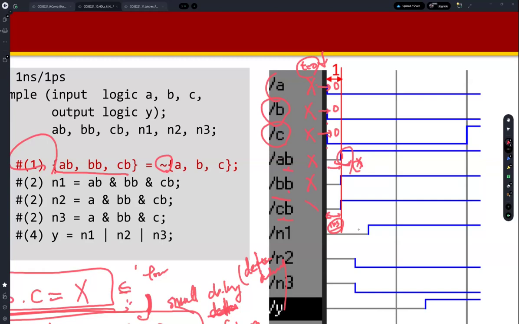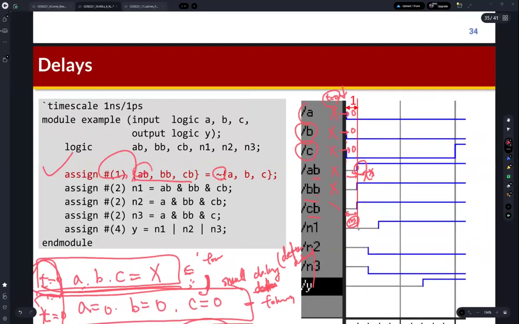You understand? So the outputs will become 1, 1, 1, but after 1 nanosecond.